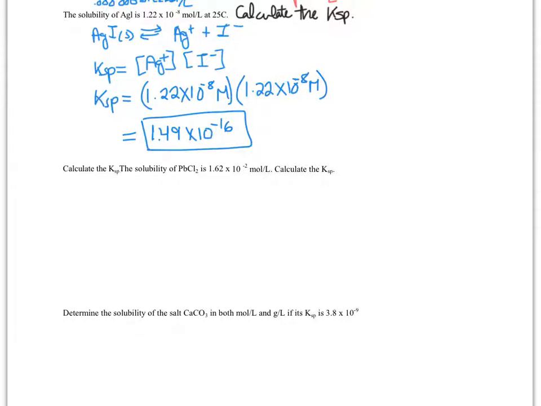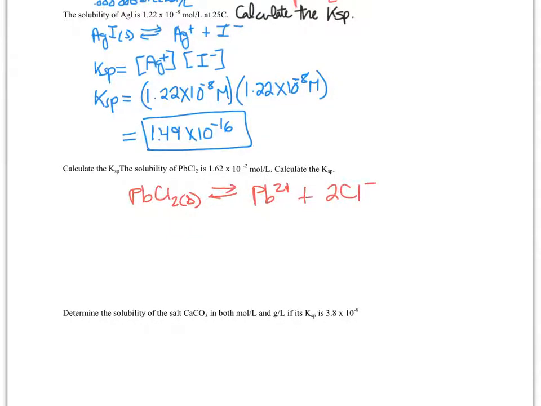Same thing as before, we want to write our equation. PbCl2 solid dissociates partially into Pb2+ and then 2Cl-.